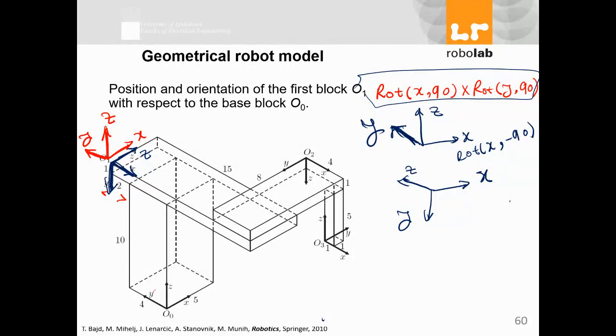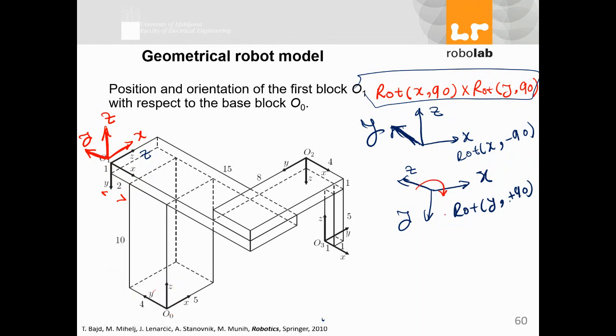Okay, so I have Y down, correct. I have X, right, correct. And now, if with Y I rotate positive 90, means you're rotating this way.